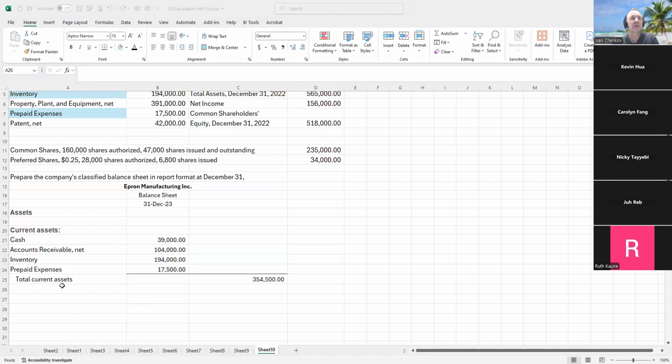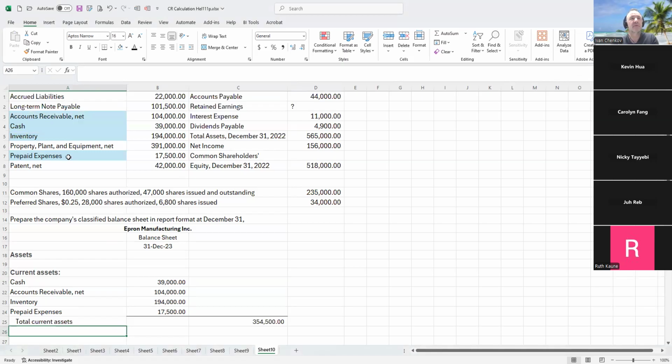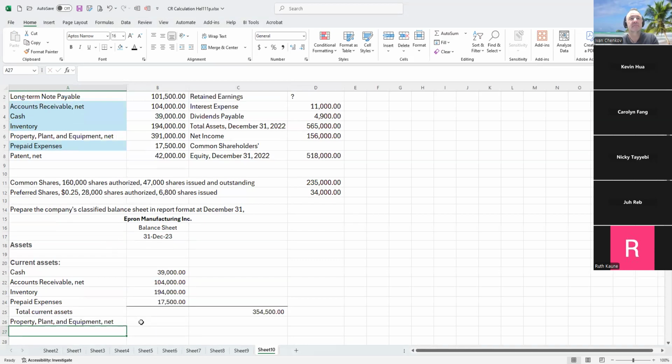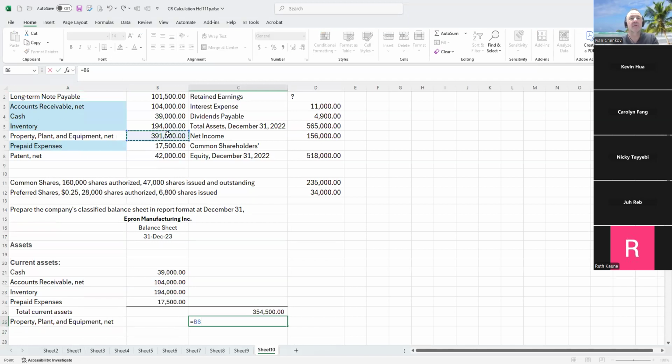What's the long-term assets? We have only one, right? That will be the next one. Since it's the only one, it goes directly to the total calculation here.